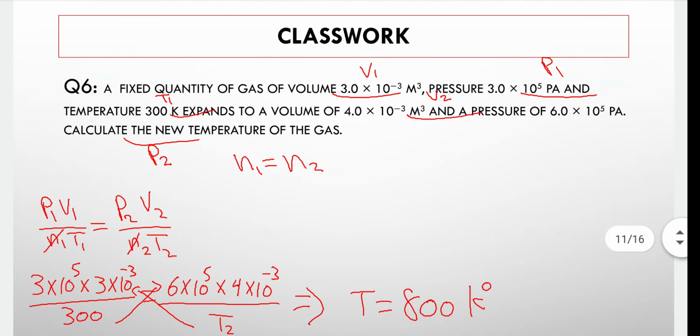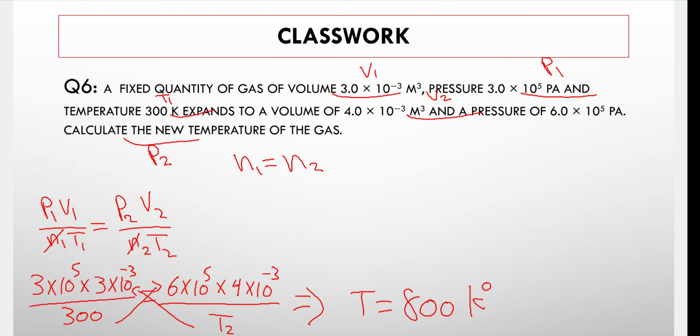Another question here says that for a fixed quantity of gas, the volume is 3 multiplied by 10 to the power of minus 3 meter cubed. The pressure is 3 multiplied by 10 to the power of 5 Pascal, and the temperature is 300 Kelvin. It expands to a volume, so here the volume has changed to 4 multiplied by 10 to the power of minus 3, and the pressure becomes 6, which also changes.